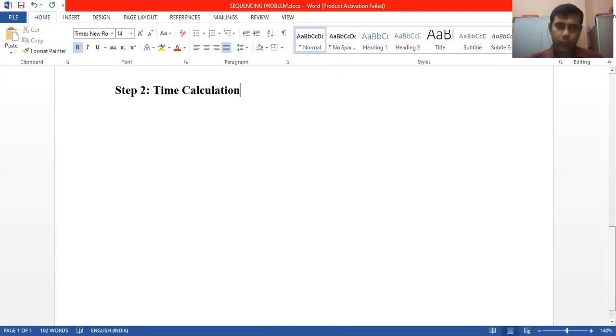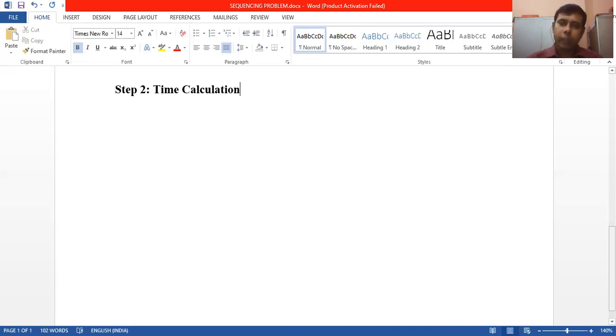draw one more table. Now the table, how many columns does that table have? So we need to start with jobs. The first column will be job. Second column will be for machine A. Third column will be for machine B. Fourth column will be for machine idle time. So we have 4 columns: jobs, machine A, machine B, and idle time.